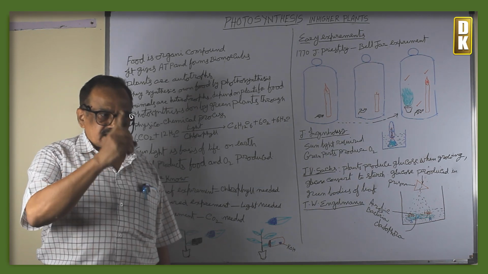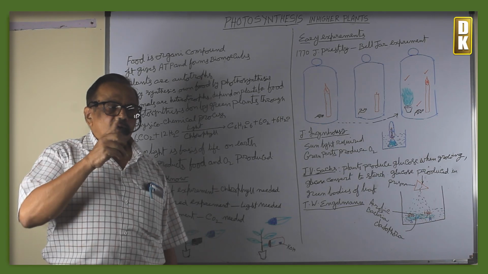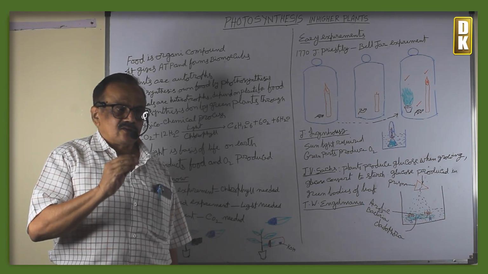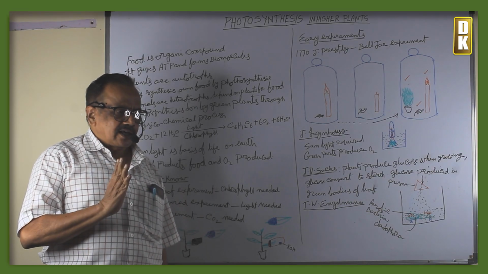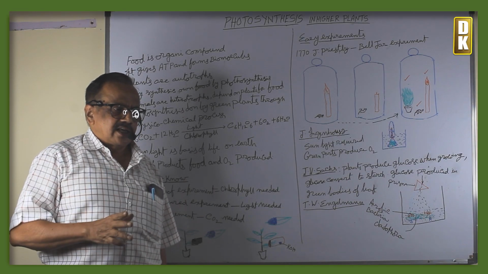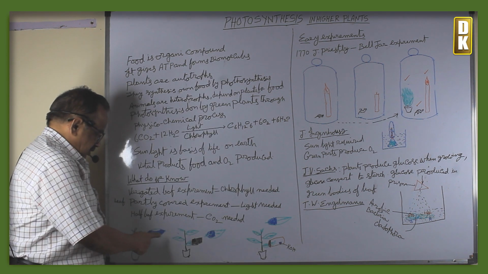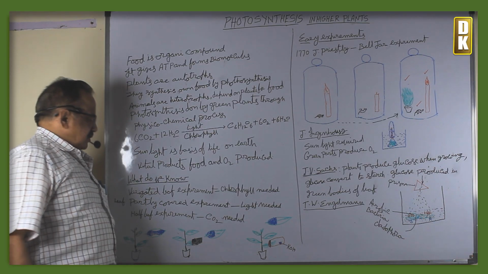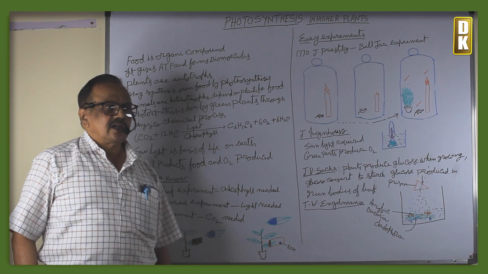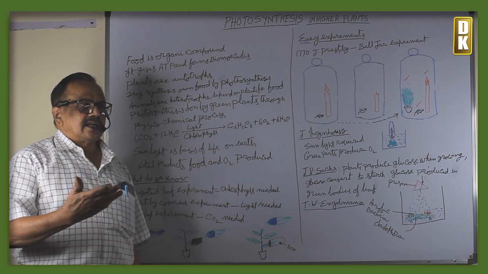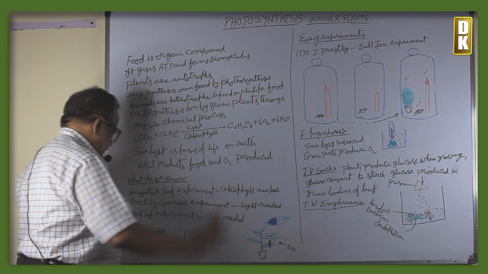Wherever the green parts are there, only those will turn blue, because only that part is preparing the food material, sugars, which are converted into starch. The iodine test tells us where the starch is. In photosynthesis, starch is prepared as the product. So like this, we can observe. Here, only the green parts turn blue. It indicates that it is preparing the food material in the green color, that is, chlorophyll is required.